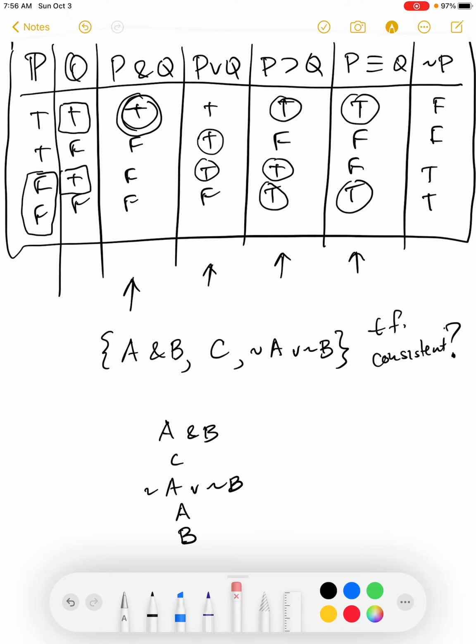Okay. Taking a look at the next item in the list, it's just an atomic sentence C. Well, obviously, any truth value assignment that makes that sentence true is just going to make C true. So we're just going to leave that alone.